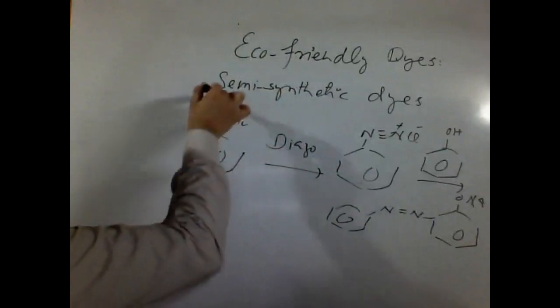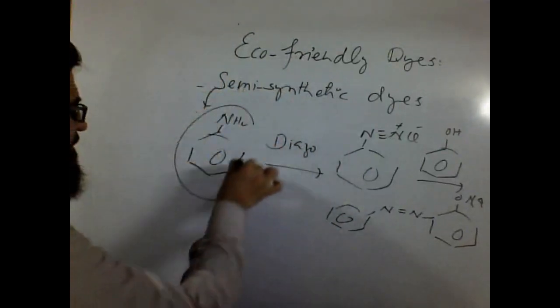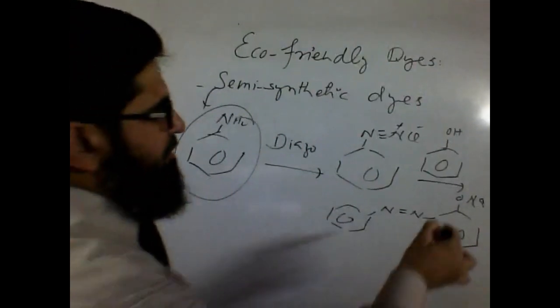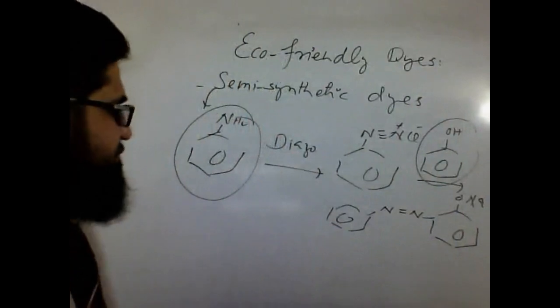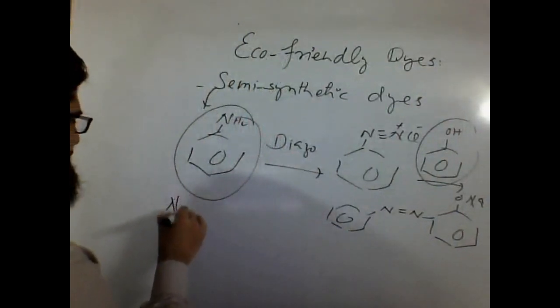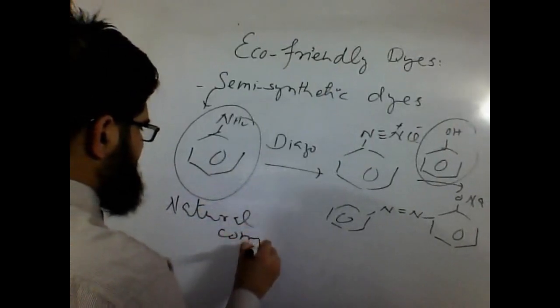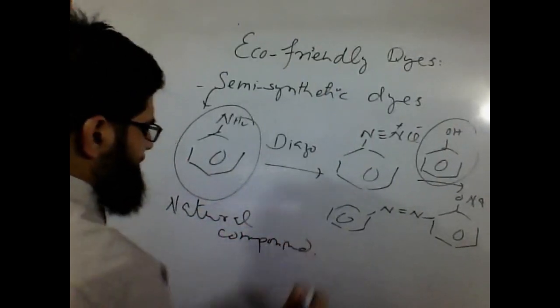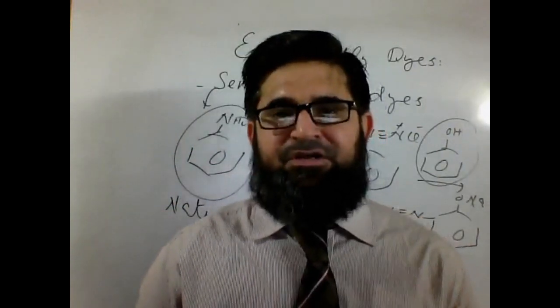In case of semi-synthetic dyes, we discussed that either this starting compound or the coupler, one of the two components, is supposed to be some sort of natural compound, especially from the plants, plant-based natural compounds.